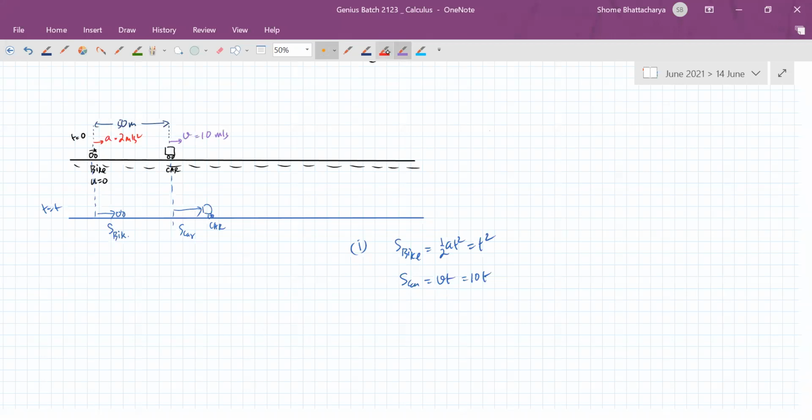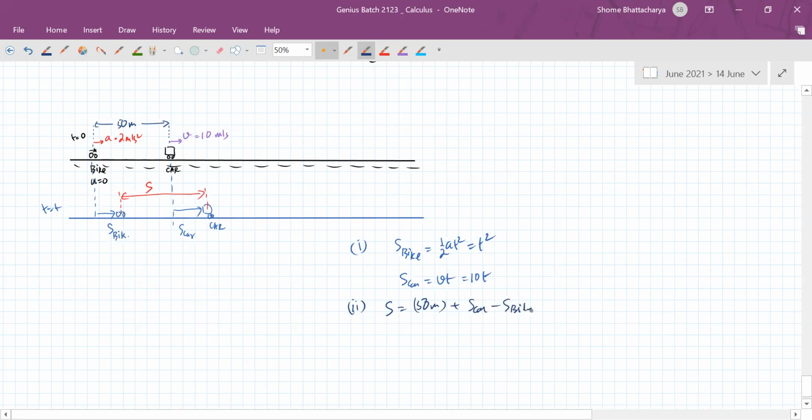So now we can also see that at this new instant of time t, what is the distance between the car and the bike? That is this one. So the distance has become the initial distance, which was 50 meters, plus displacement of the car minus displacement of the bike.